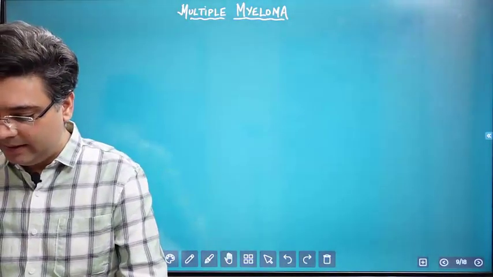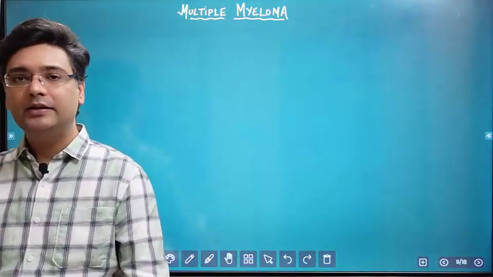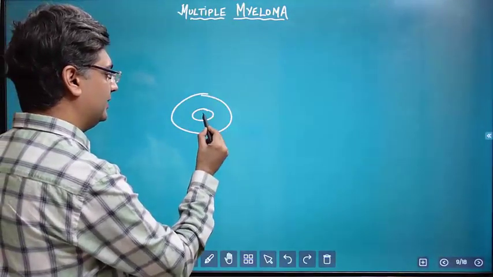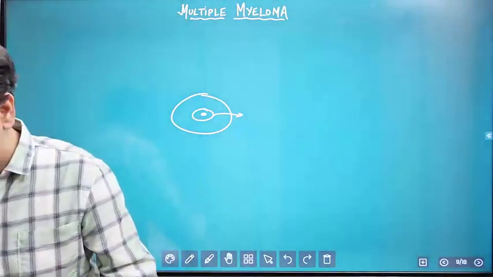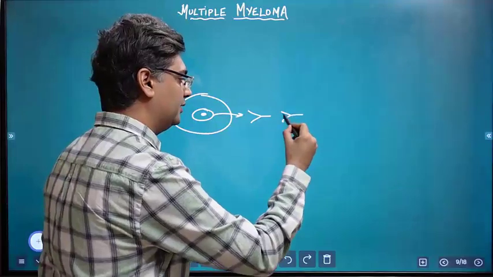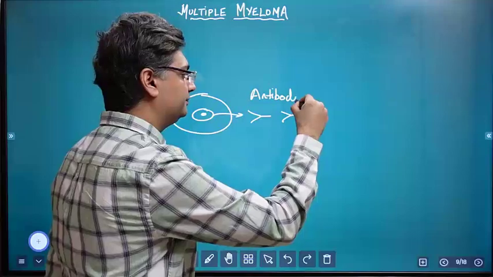Now, if we talk about multiple myeloma, this is basically an uncommon malignancy of plasma cell origin. So just imagine that this is a plasma cell, and what is the plasma cell actually forming? The plasma cell, you know, is responsible for the formation of antibodies, right?